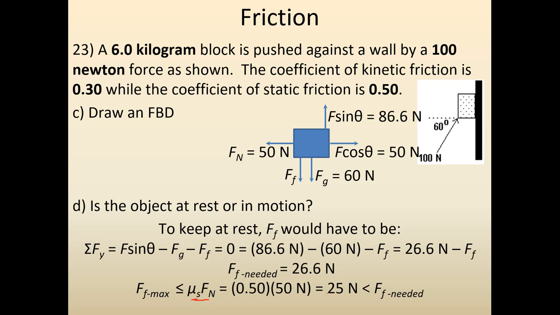Because the maximum value that I can get from friction is 25 newtons, which is less than the needed force to keep this at rest, this object is not going to be at rest. There's not enough friction to keep this block at rest. Therefore, the object must be in motion.